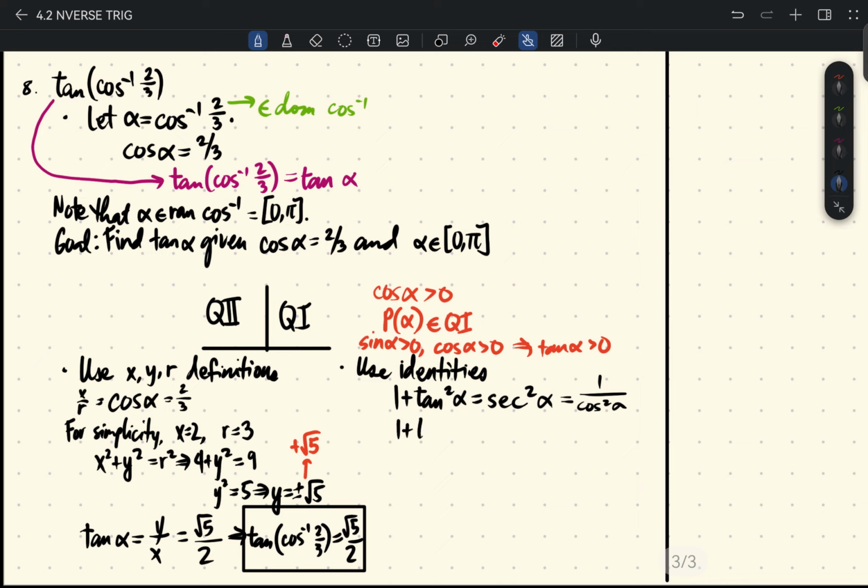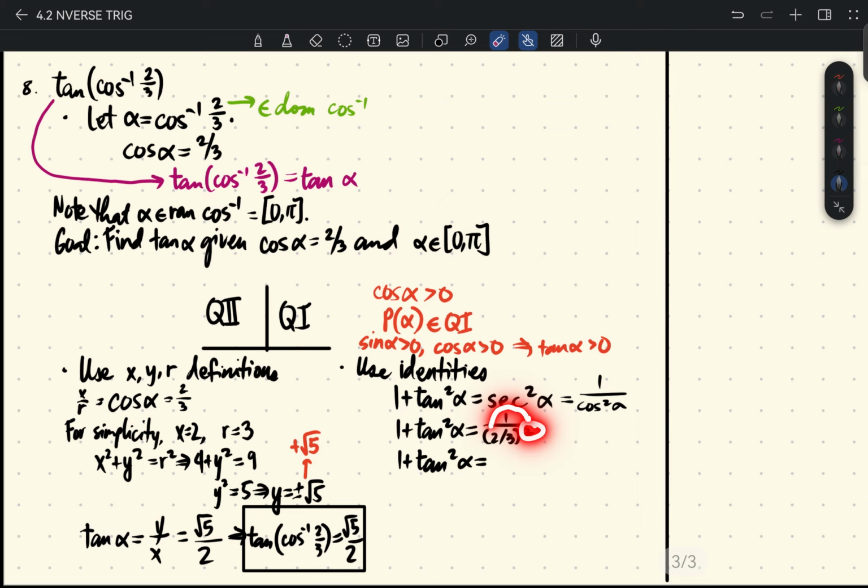We get 1 plus tan squared alpha equals, so what's 1 over cosine alpha? You have 2/3. So you have 1 over 2/3 squared, giving us 1 plus tangent squared alpha equals, what can we do with exponents and fractions?